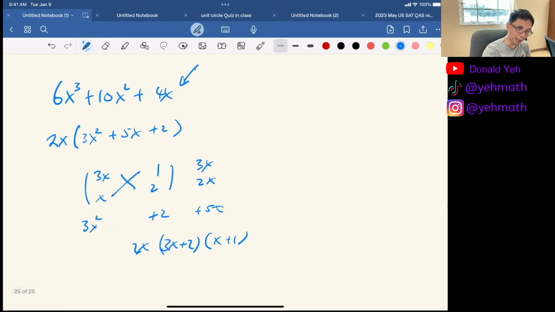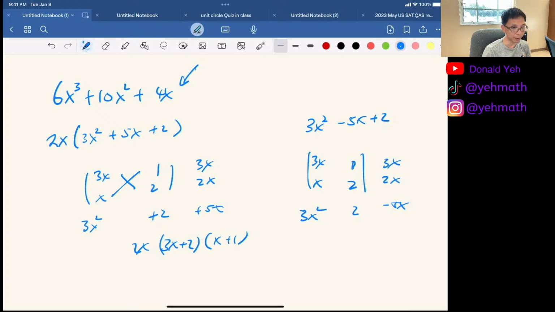Now, keep in mind, if you have 3x squared minus 5x plus 2, it's really similar, but this one is negative 5x. If this is a 1 and 2, this is 3x and 2x. Now, there's no way to get negative 5x, so what does that mean? It's possible.